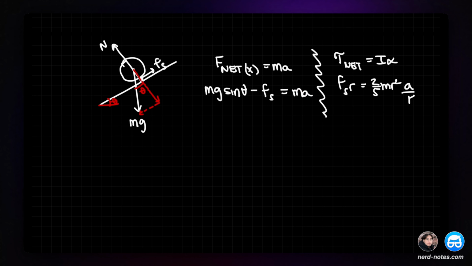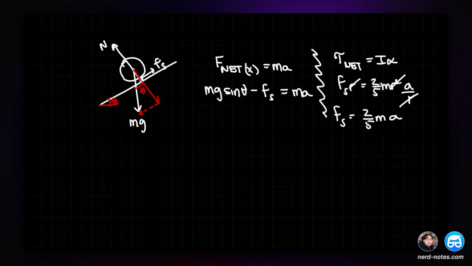If we're substituting equations into each other, we want them in similar terms. I could have changed this to alpha, but in this case I chose to change this to linear acceleration. Notice another thing, all the r's cancel out on this side. So Fs is going to be equal to 2/5 ma.